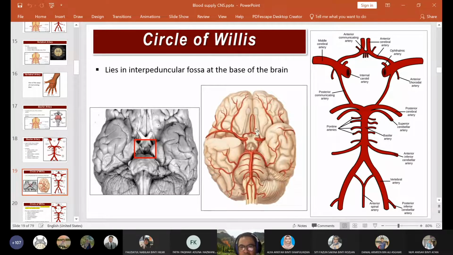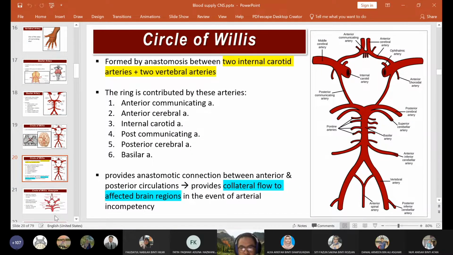So you can see here is your anterior, because this is anterior, right? This is posterior. Apa term dia? Called anterior circulation and posterior circulation.